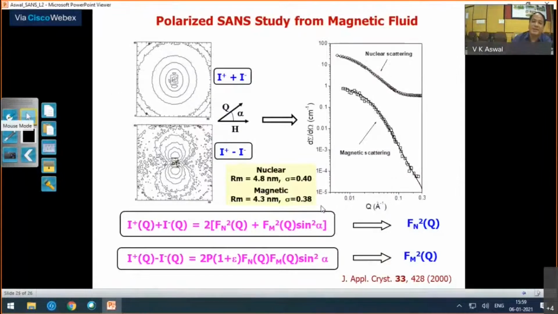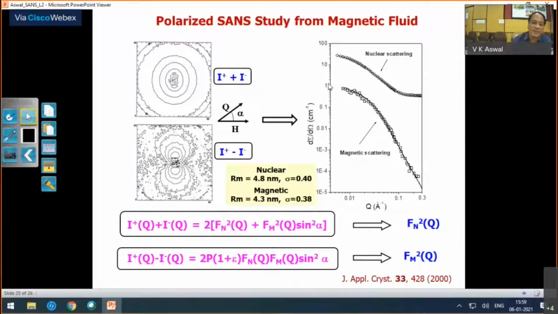And a further advantage, as I already told you about neutrons, is that you can separate nuclear and magnetic scattering. And in this case, from this term, which is the difference of the scattering for two states, and as I told you, your weak magnetic scattering gets multiplied with the strong nuclear part.